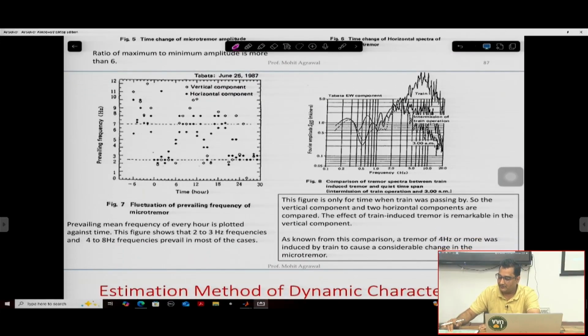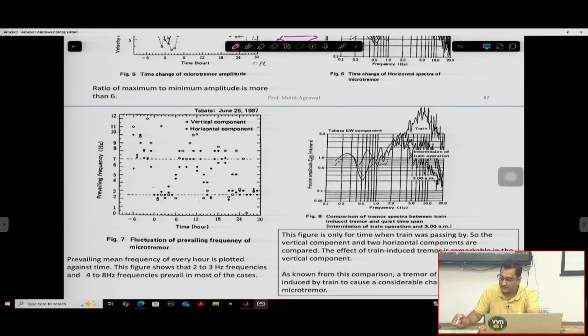So when they plotted the fluctuations of the prevailing frequencies of the microtremor with respect to the frequency for the horizontal and the vertical component each, they saw a cluster of the prevailing frequencies in between 2 to 3 seconds and in between 5 to 8 seconds.